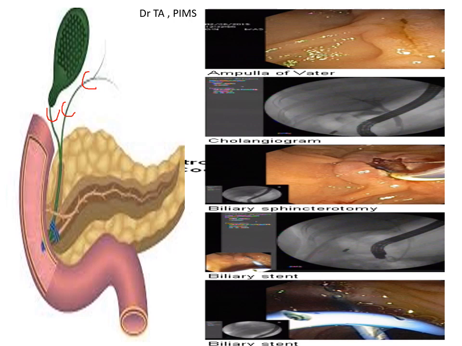Now, how do you tackle this? Your sphincter of Oddi will be constantly under a tonic state. It won't open up easily. So since there is a lot of resistance, this bile leak will start leaking into the abdomen or onto the surface if a drain has been kept. So it will continue to leak.